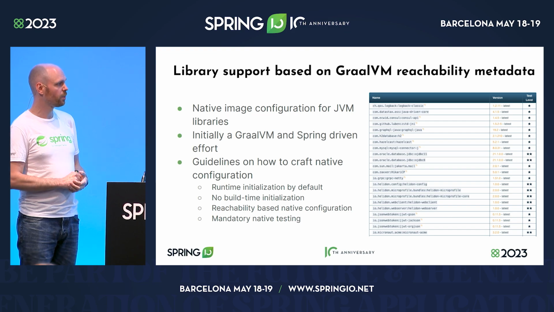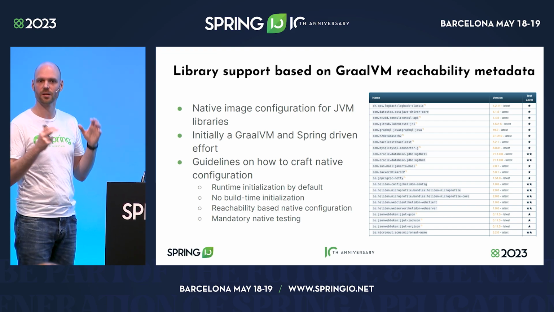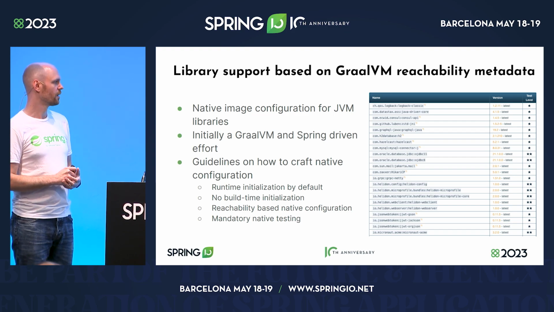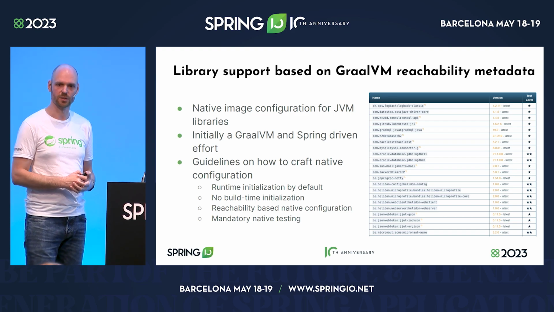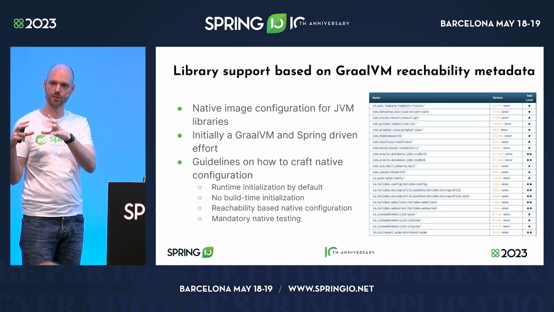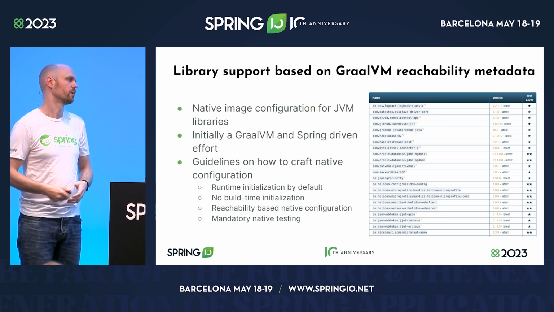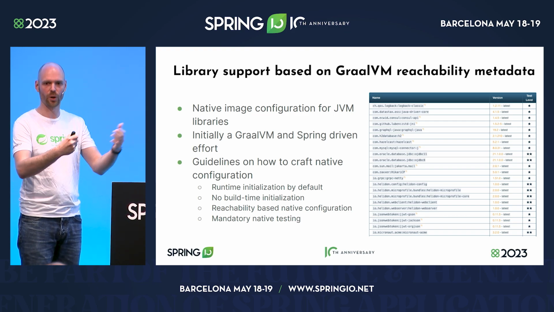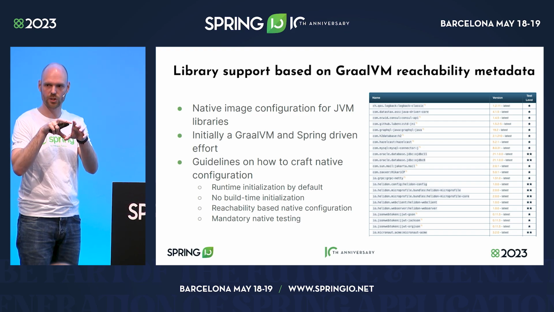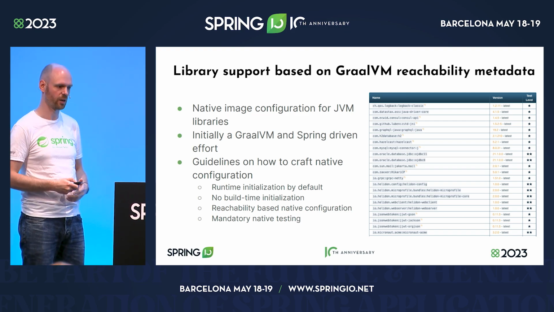You have reachability-based native configurations, which are complicated words for you get a smaller image. And we have mandatory native testing. So it's not only JSON, it is also test code, which makes sure that this JSON stuff works with the library. Okay, so we get failing tests if we upgrade that library and the JSON file does not match. So that stuff does not blow up in your production systems, but blows up in the CI pipeline.